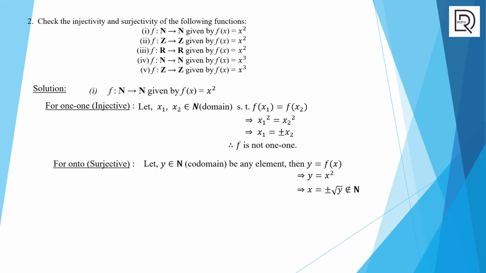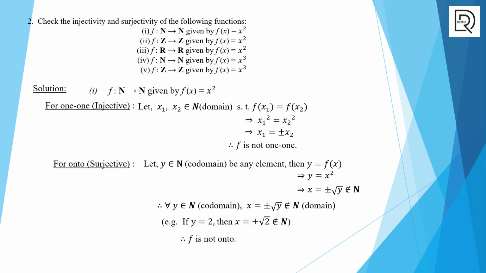So this implies x equal plus minus root over y, and this clearly does not belong to N, because if you take y equal 2, then root over 2 does not belong to N. So therefore we can write for all y belongs to N codomain, this x equal plus minus root over y does not belong to N domain. So I write this example here. So therefore f is not onto.